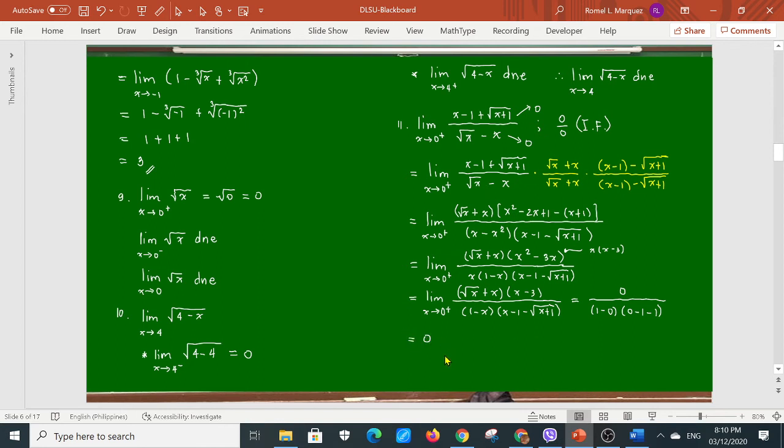Okay, children? Okay, yan. So, 0. Kaya pag ginrap niyo yan, pag malapit sa 0 from the right, mapapansin niyo ang graph niya, nasa 0 pumupunta. Okay? Pero undefined siya there, yung function.